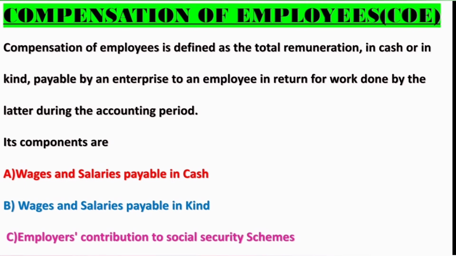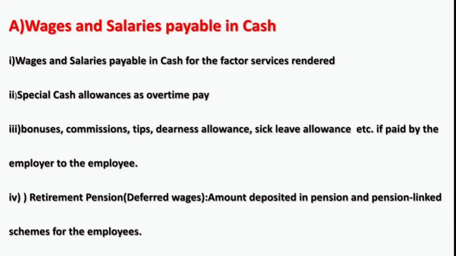We have to take care not to calculate employees' contribution to compensation of employees. We never count employees' contribution. We take only employer's contribution to employee. So first one, wages and salaries payable in cash. That is the income received in the form of money, cash, for the services rendered by the labor.